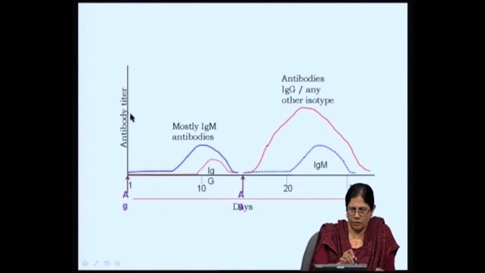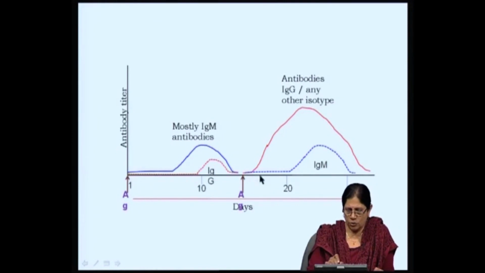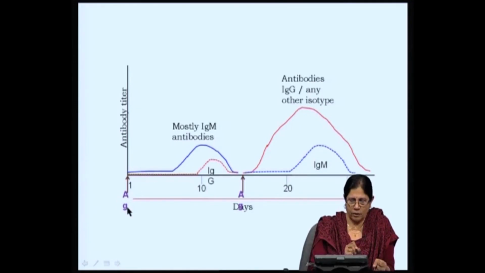What is written here on the y axis is the antibody titer, and x axis shows the days of immunization. Now, let us say this is a rabbit and has been injected on day 1 an antigen, and the animal is test bled every other day, and the serum obtained from this test bleed is then tested for the presence of antibodies specific to the antigen.